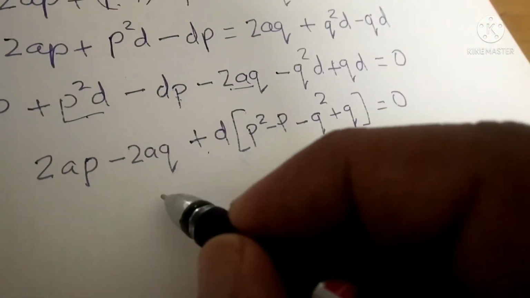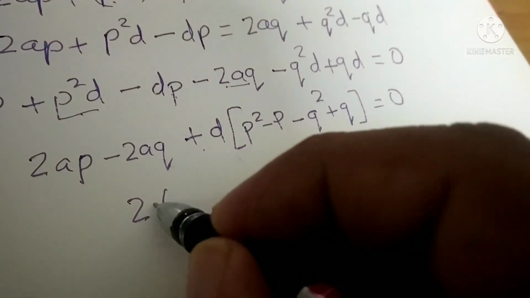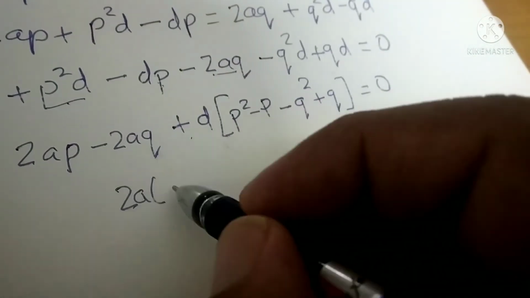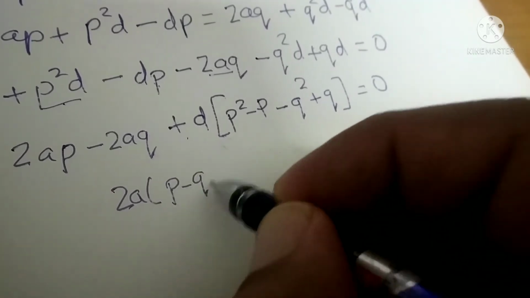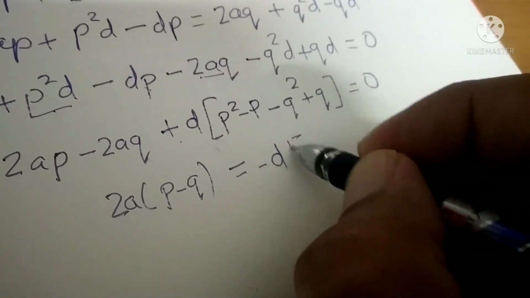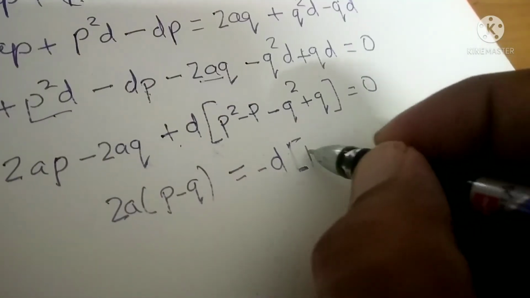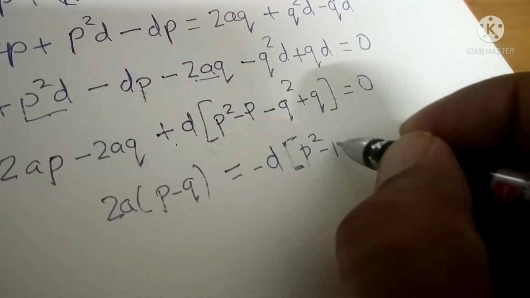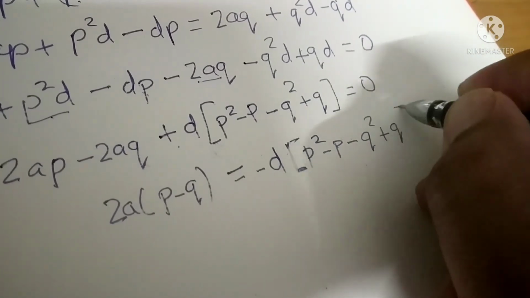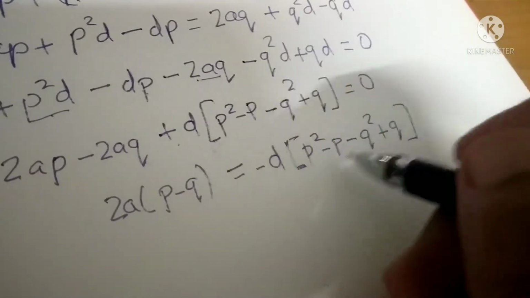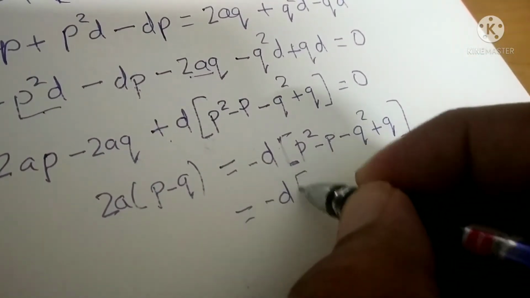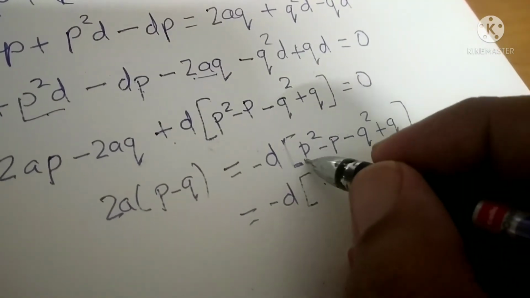सो 2 इन कॉमन ले लेते हैं, ए कॉमन ले लेते हैं. सो दिस इज p minus q. This is equal to minus d into p square minus p minus q square plus q. So this is equal to minus d whole into p square minus q square.